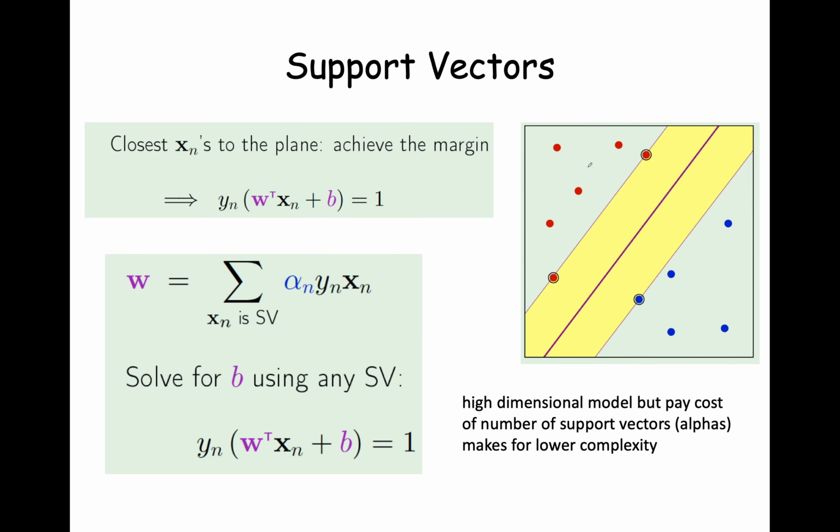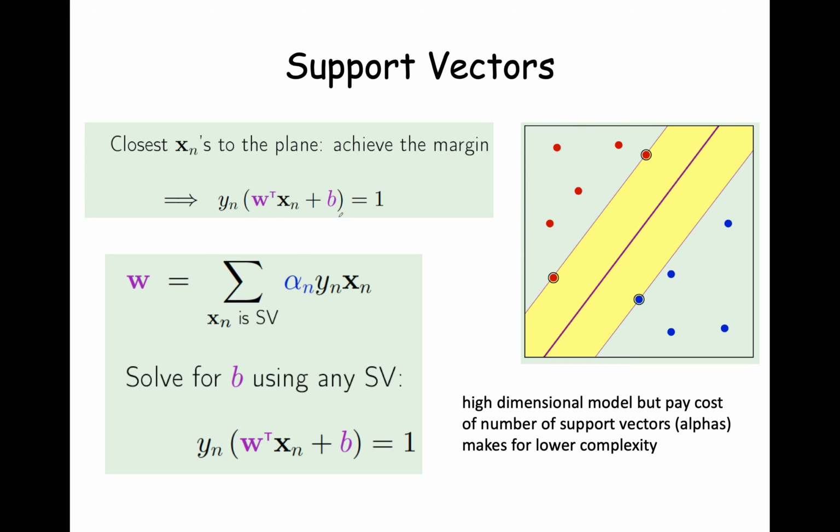So these in-sample points that have alpha greater than 0, these are on the margin, and these are closest to the plane, and they achieve the margin, and because they're on the margin, they satisfy this score being exactly equal to 1, which we had talked about when we talked about the development of the measurement for the distance to the margin.